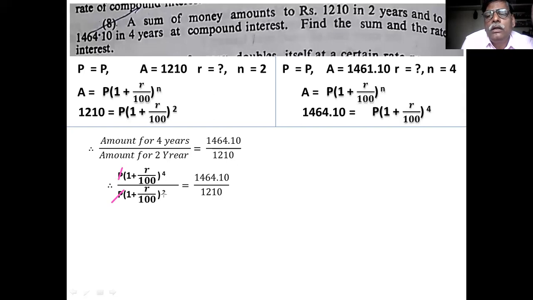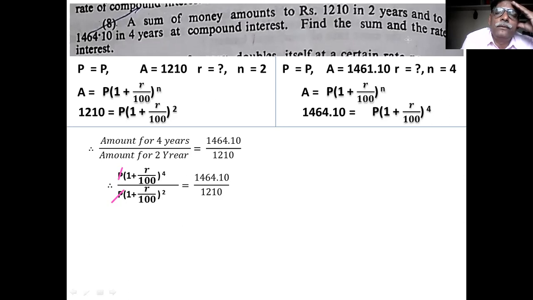You know how to divide the powers. Power is 4, power is 2, therefore 4 minus 2 is equal to 2.